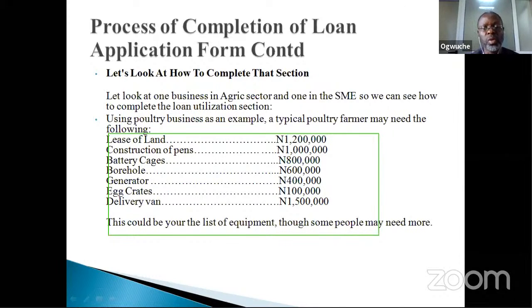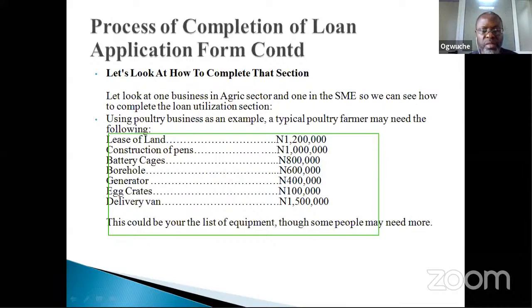So you need to have a borehole in case you don't have public water supply, which is a common feature in the country. Especially when you are looking at farms, definitely you need a borehole. Generator, critical to power electricity in the farm or power the borehole. Then egg crates, important because when your birds start laying eggs, you need crates to put them inside.